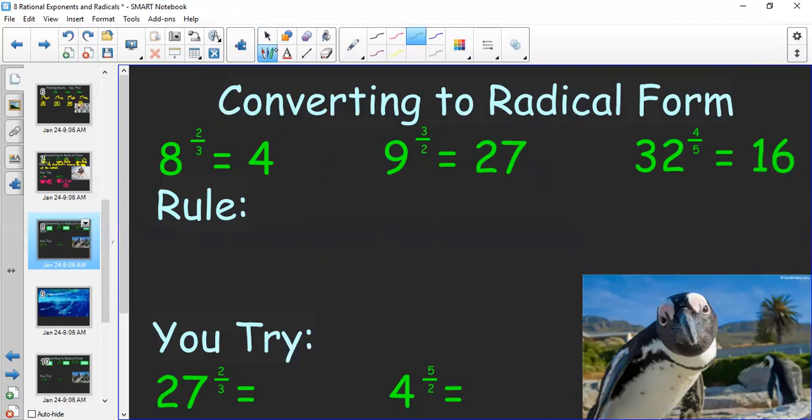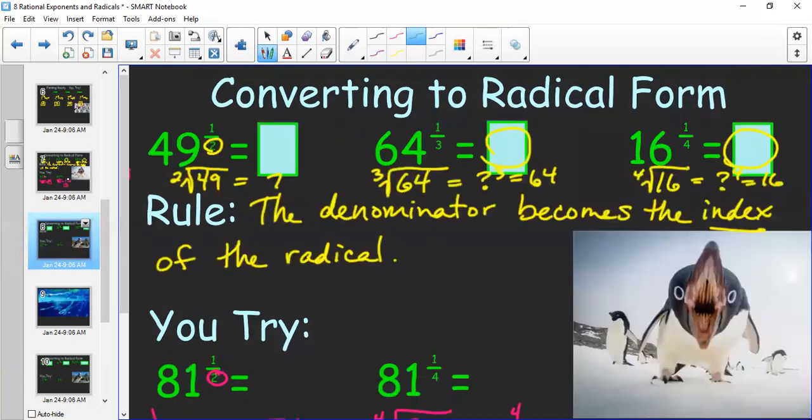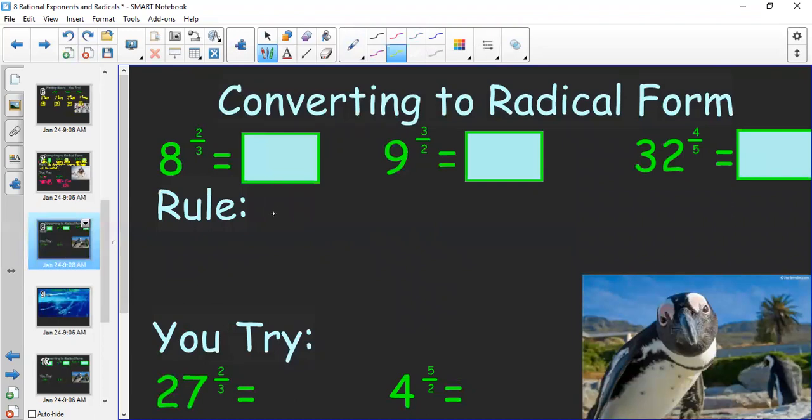All right, so we're just going to add to the rule that we had last time. So the denominator still becomes the index of the radical. So I'm going to keep that. So the denominator becomes the index of the radical.